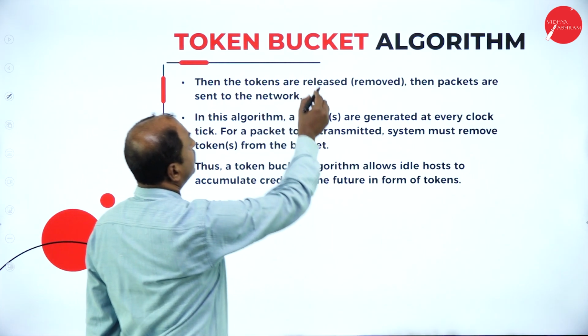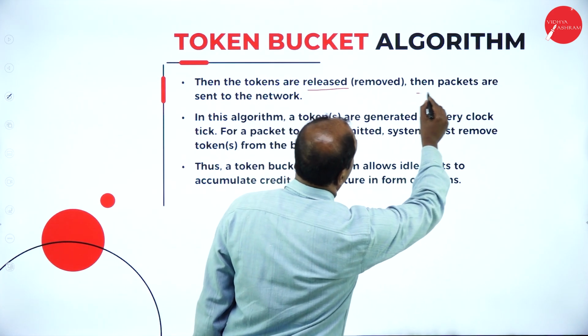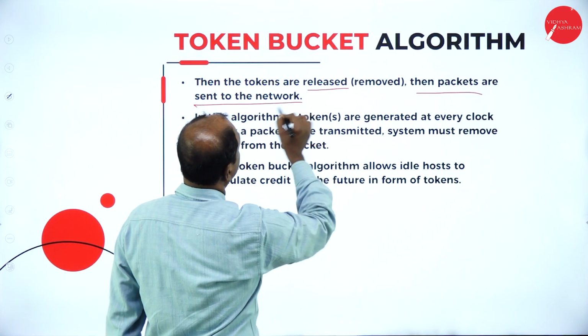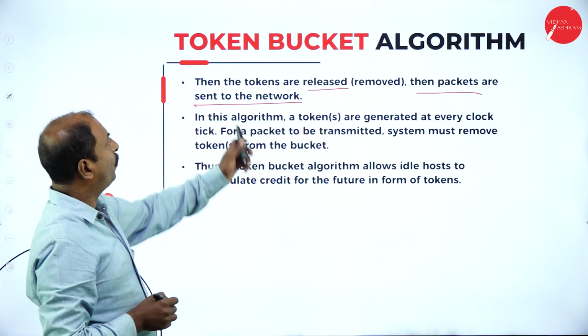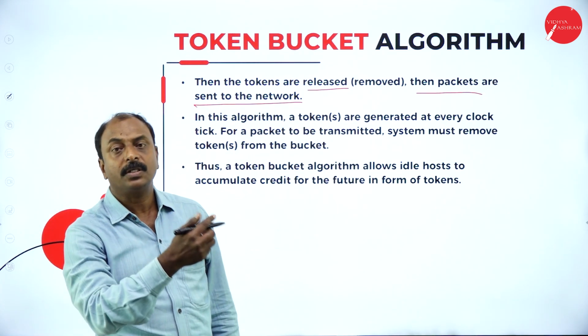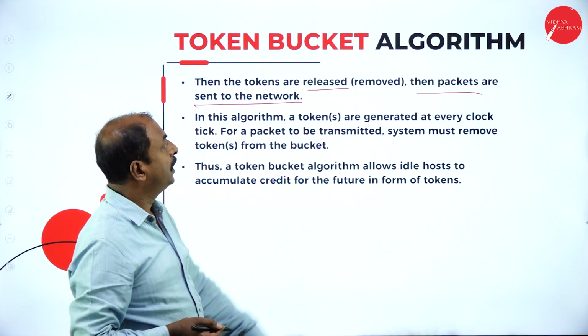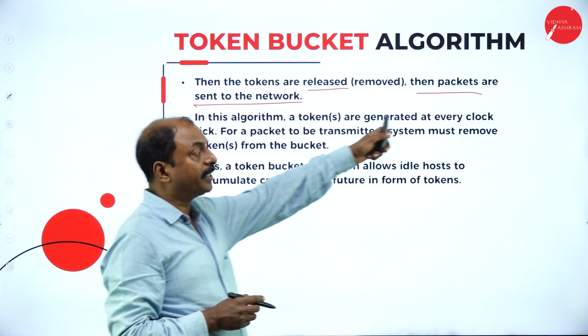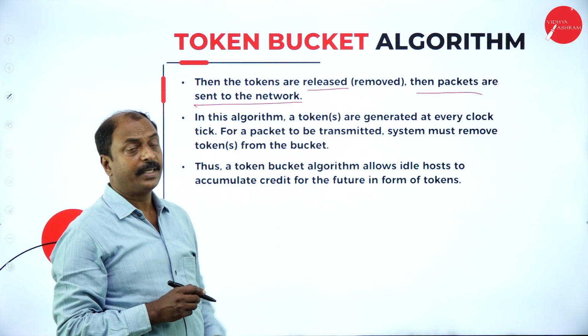Then, when the tokens are released or removed, packets are sent to the network. So once the bucket is filled to capacity, it starts removing the tokens so that the packets are sent to the network.